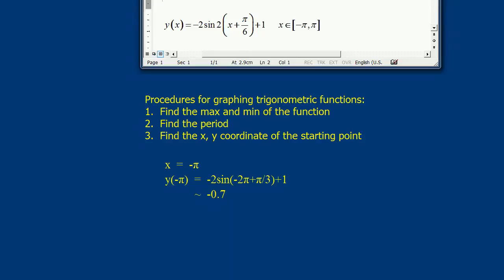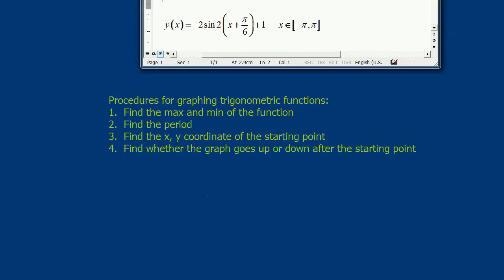The third procedure is to find the xy coordinate of the starting point. The fourth procedure is to find out whether the graph goes up or down after the starting point.